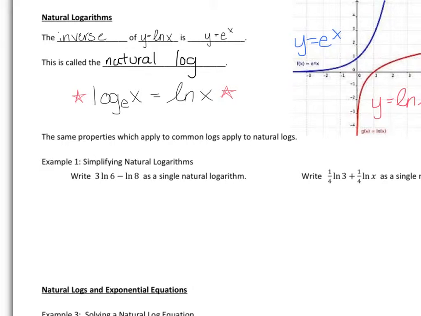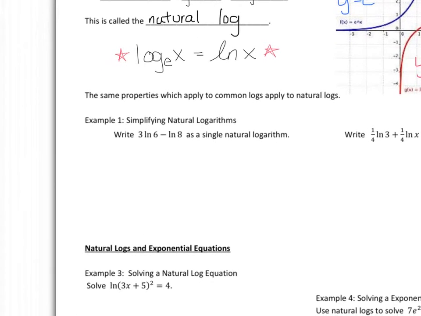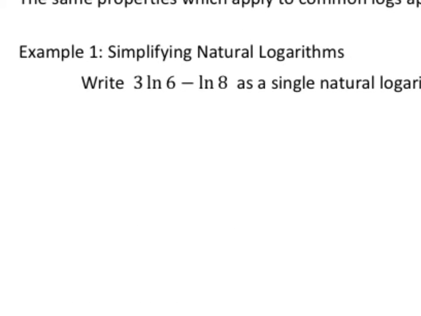All right, so remember, natural log, it's still a log, so we can use all the properties that we used for regular logs. This says simplify it, so we want to write this group of natural logs as one single natural log. Okay, so how can we combine these? What do we need to do first? Move the 3.